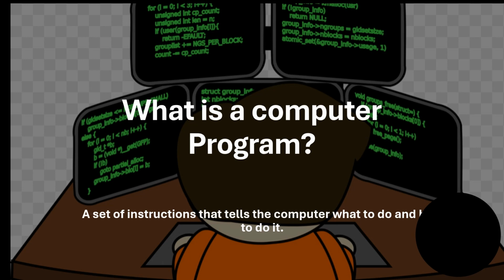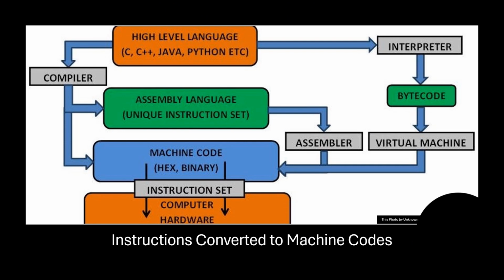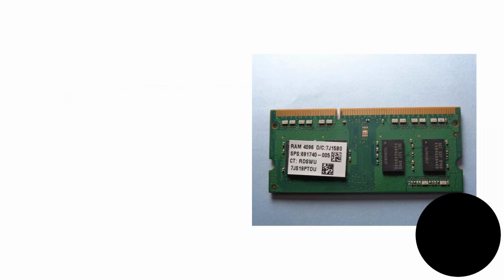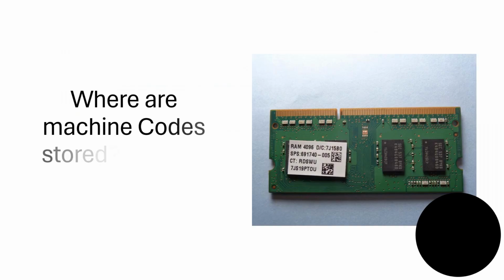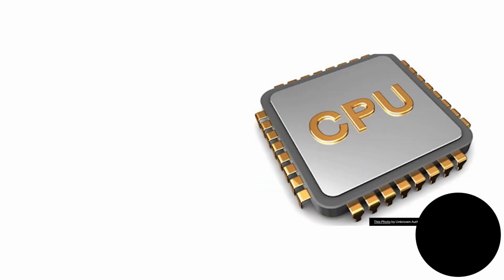The instructions are converted into a sequence of numeric codes, and these codes are called machine code, and they are stored in memory. The CPU then interprets the code in order to carry out the instruction of the computer.